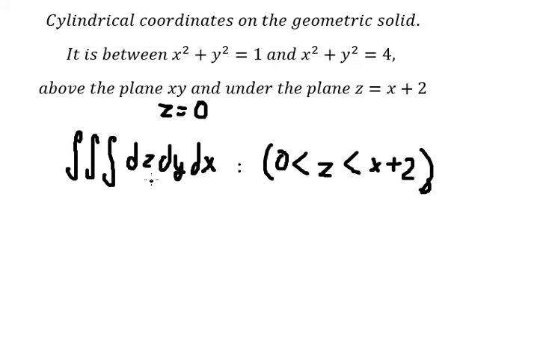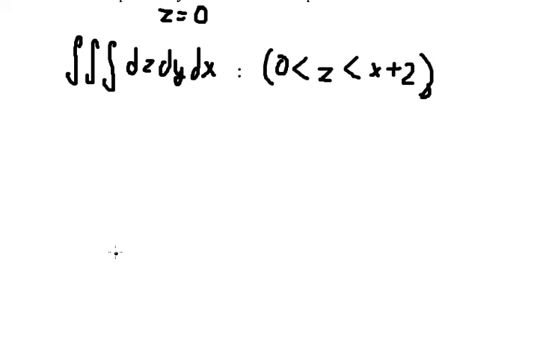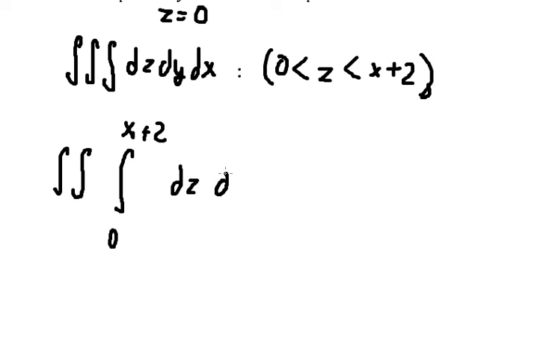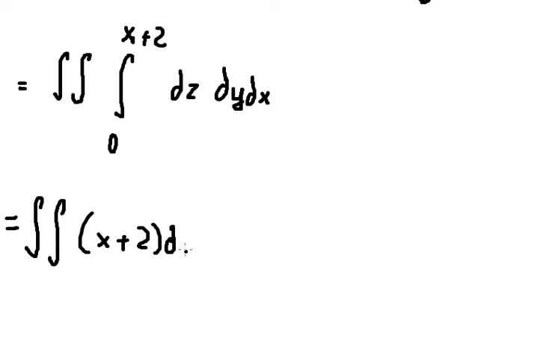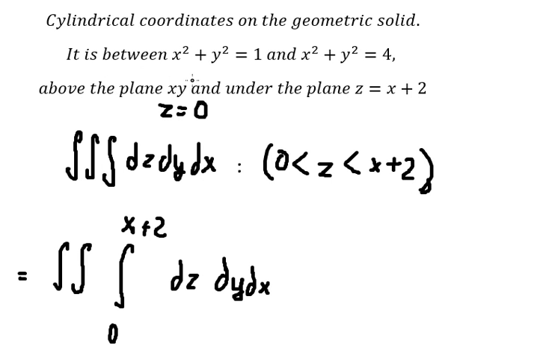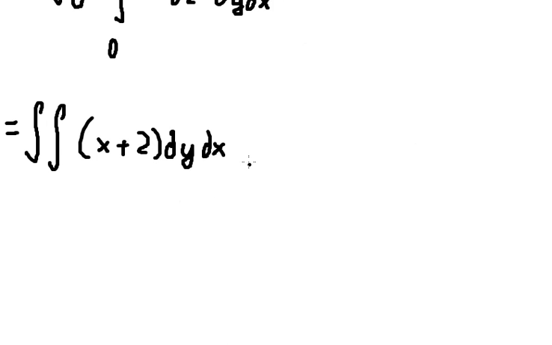So if we do the integration of dz, we have like this. So this one we got x plus 2 dy dx, and the next one, they are between two circles in here.